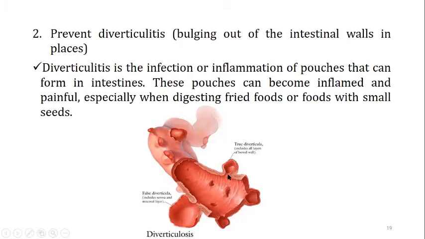These are natural things, but when there is a lack of fiber in our diet, these diverticulum can be infected or inflamed, and this condition is known as diverticulitis, and we need fiber to prevent diverticulitis.